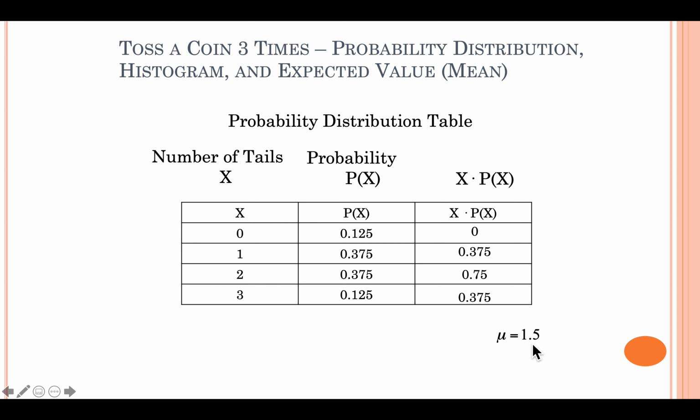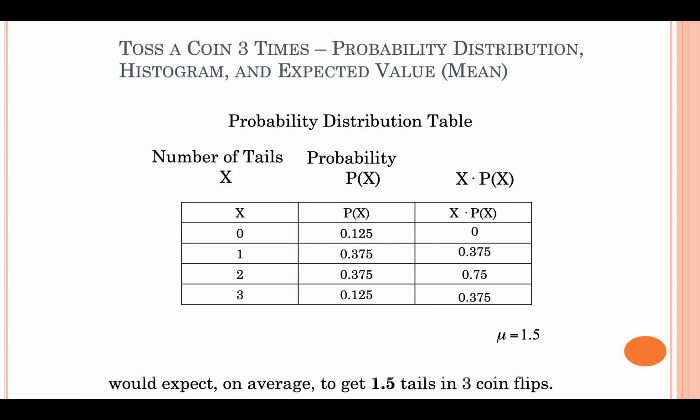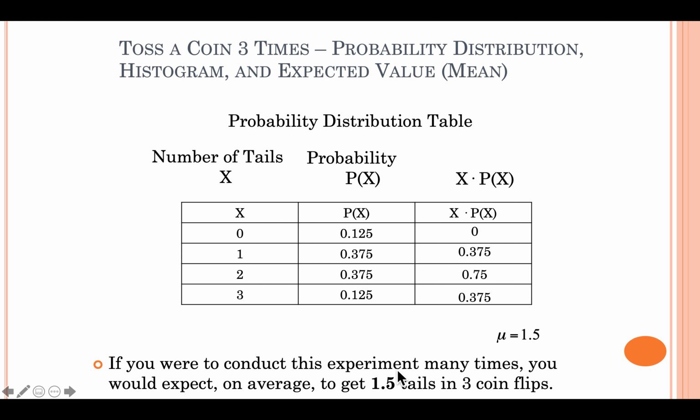Now we're going to interpret what that means. If you were to conduct this experiment many times, you would expect on average to get 1.5 tails in 3 coin flips. That would be the average expected value.